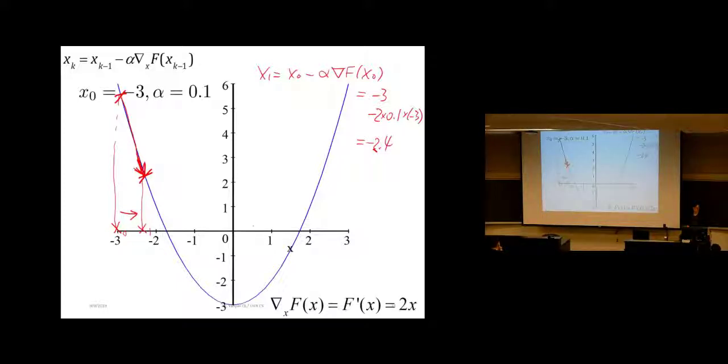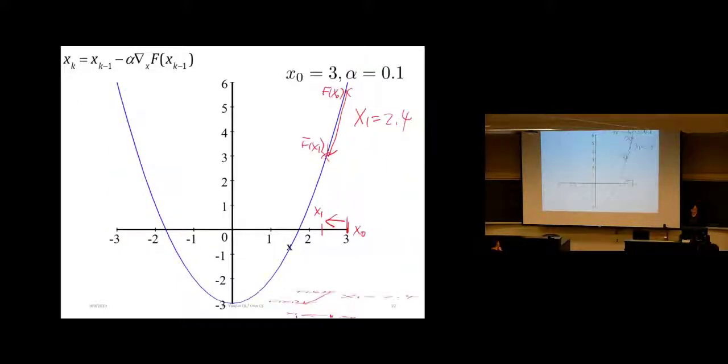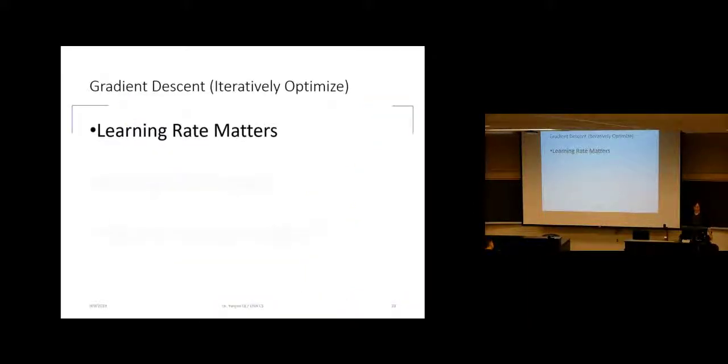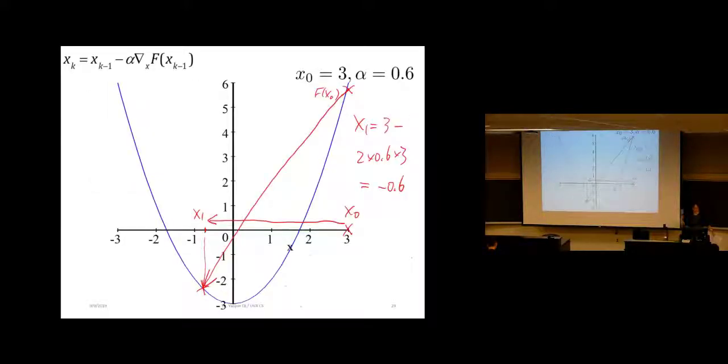All right, so this is almost the same as we did before. You can also go to the right side, and if you have 0.1, it moves to 2.4. Okay, so in the next few slides I want to show that learning rate matters. If you use 0.6, the y changes very wildly across the optimal point. It's not just on one side of the optimal point anymore.